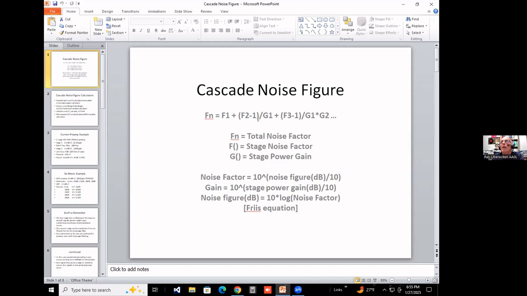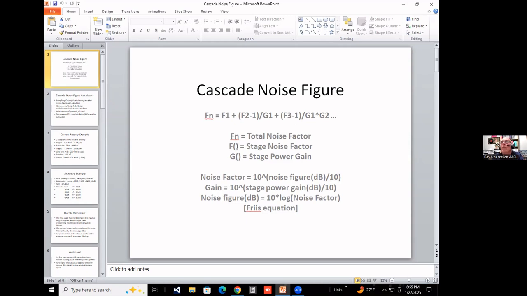Also, you sometimes have to account for the loss of the filter in between the first and second stage. I'll show you that here in a second. And then we go on to the third stage, which would be the typical SDR in our case, whichever one we decide to use at the time.